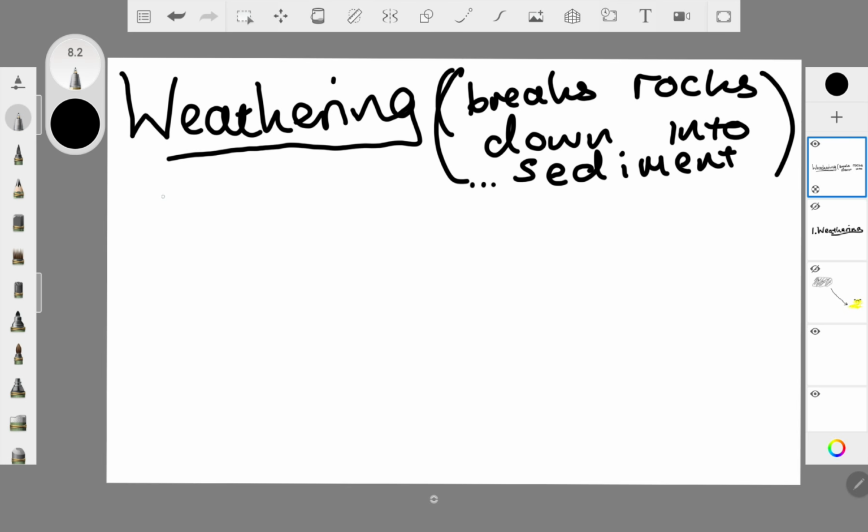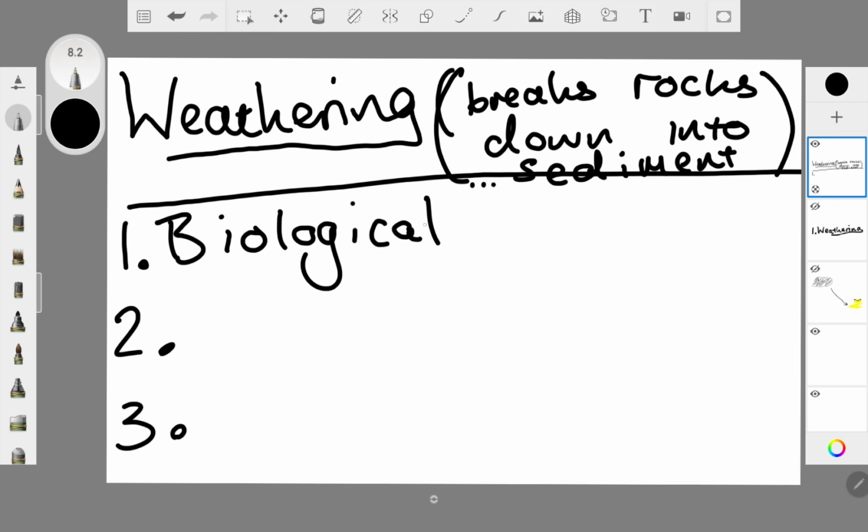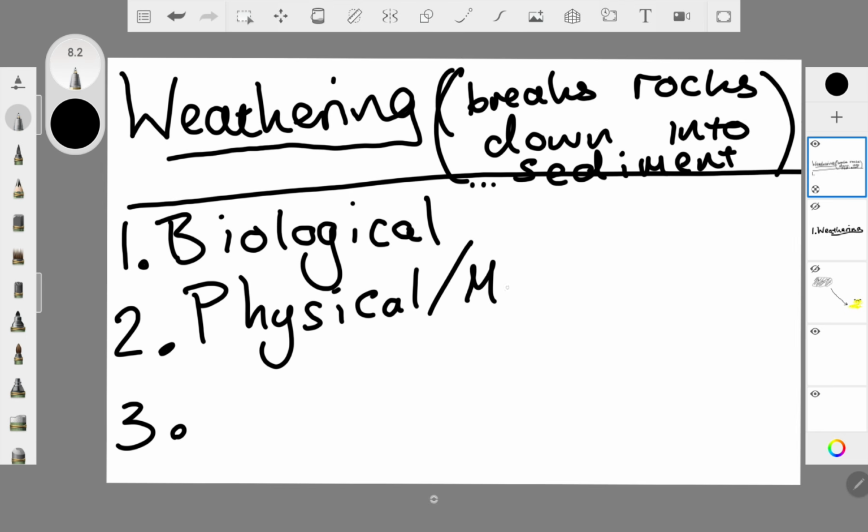There are 3 types of weathering. See if you can think of the 3 types. We have biological weathering. We have physical or mechanical. You might hear it referred to as both.